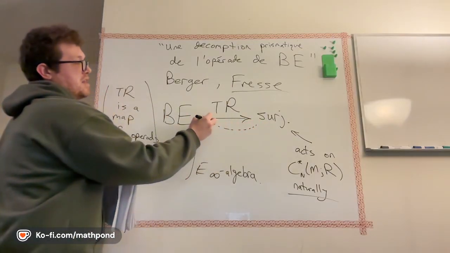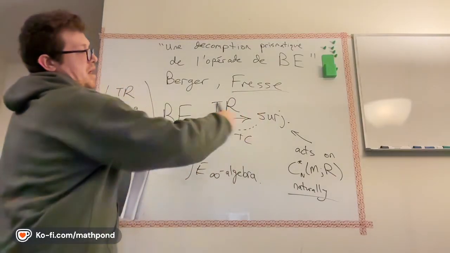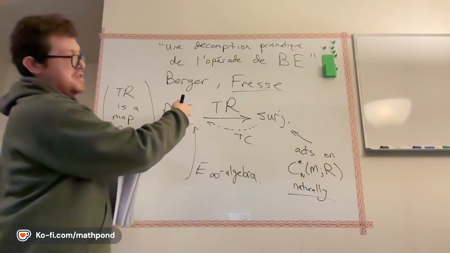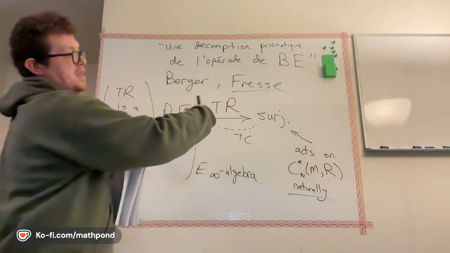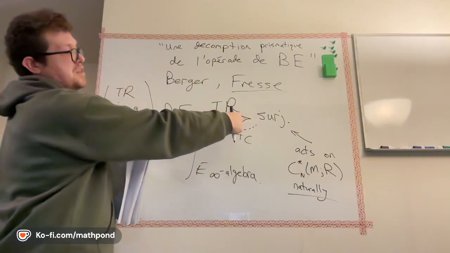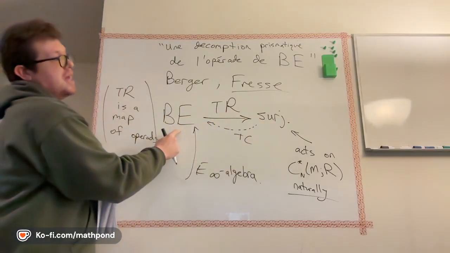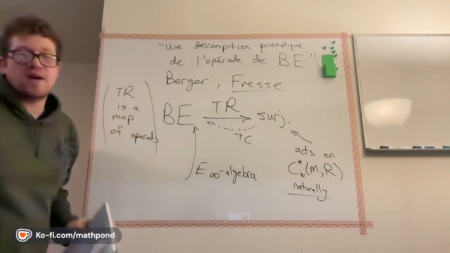I don't want to go into that too much, but this is called table completion, where it's basically a contraction of these two spaces. So this is basically just a projection onto here, and you can go backwards, and there's some sort of way to view these as prisms in BE. So surjections can be viewed as prisms in this space, and that's what he's talking about with this prismatic decomposition.